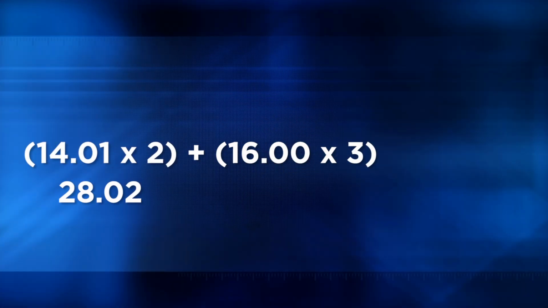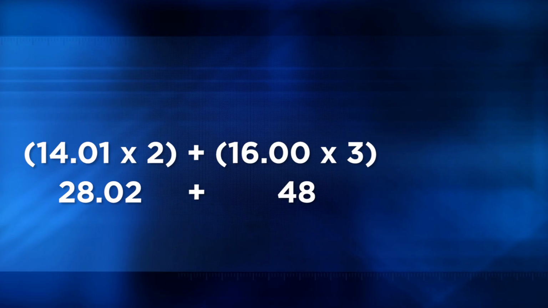Since N2O3 has 3 oxygen atoms, we multiply the mass, 16.00, by the number of oxygen atoms, 3. So that is 16.00 times 3, or 48. So we add the mass contributed by nitrogen, 28.02, to the mass contributed by oxygen, 48.